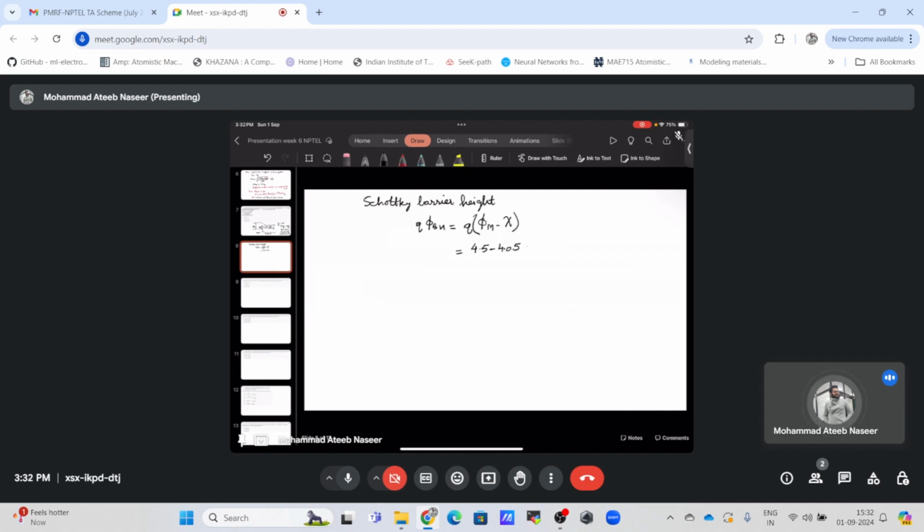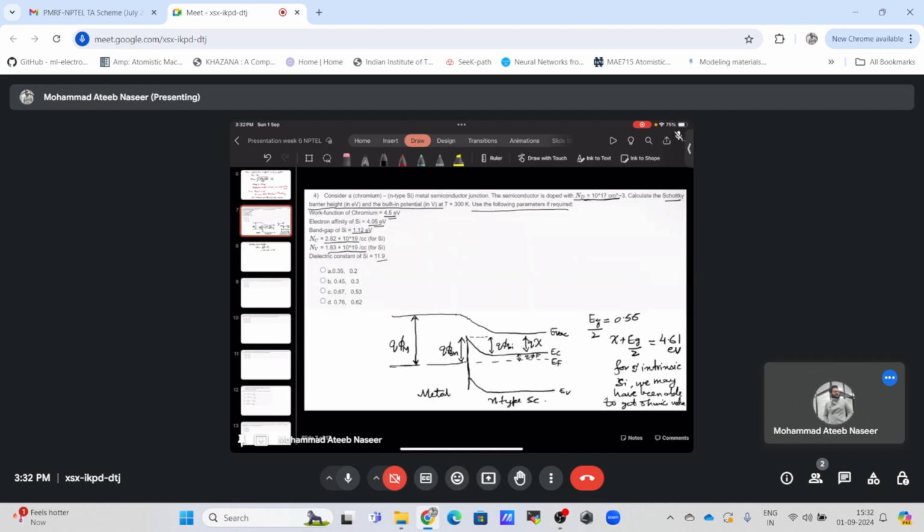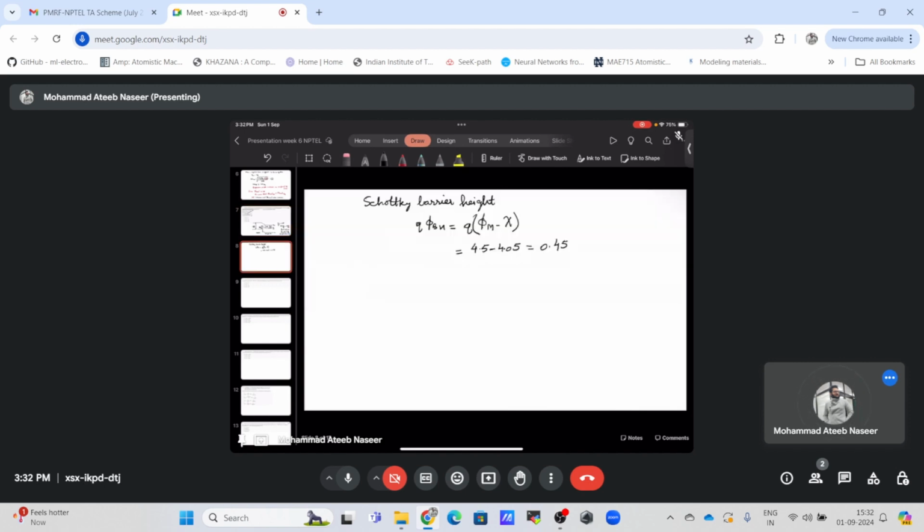As a result we get it to be equal to 0.45. Yes, it is 0.45 electron volts. So we have got the Schottky barrier to be equal to 0.45 electron volts.